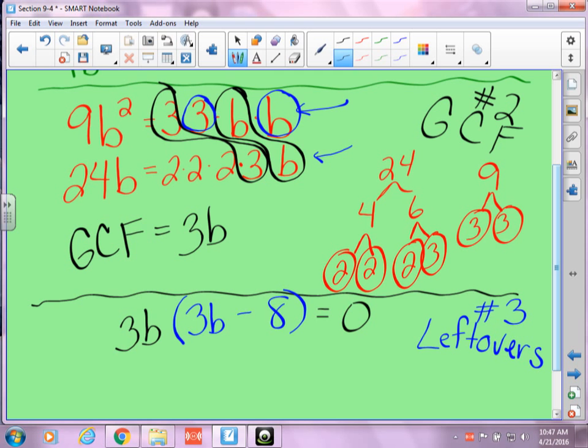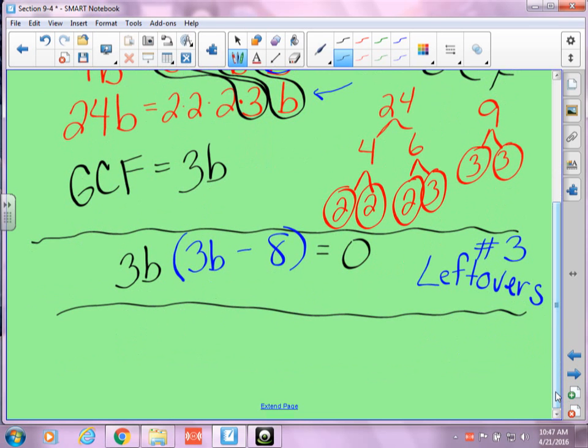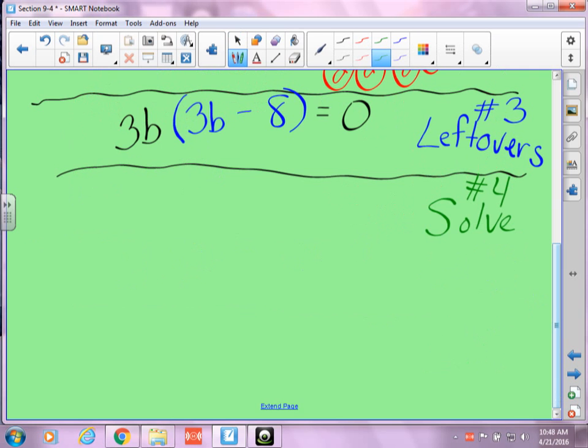Okay. Will we ever have to find b? I have to solve. Yeah. Yep. Fourth step. Solve. Okay. So I'm going to go 3b equals 0 and 3b minus 8 equals 0.